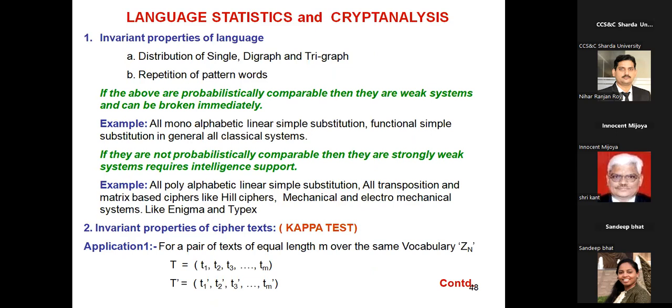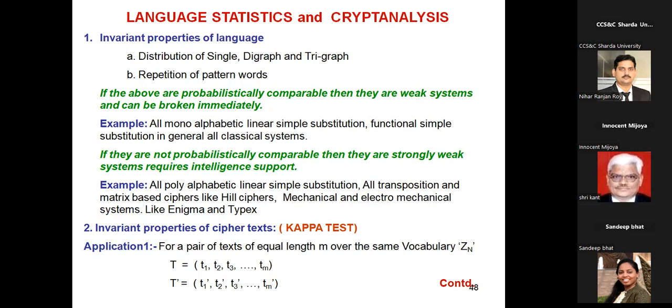But as I told you, cryptanalysts can break all these messages which I have discussed earlier. They have done it because they studied the invariant properties of the language. The distributions of single letters, digraphs, and trigraphs are fixed. Repetition of pattern words is also found.